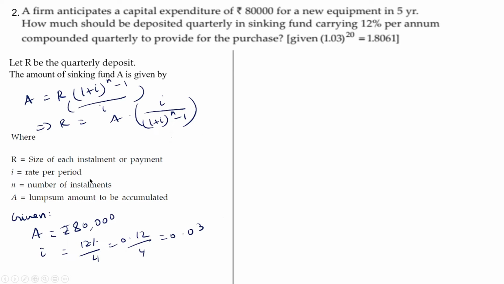And then the number of installments N is equal to 5 into 4, which is 20, because quarterly deposits are made, so for 1 year 4 deposits, for 5 years 5 into 4.